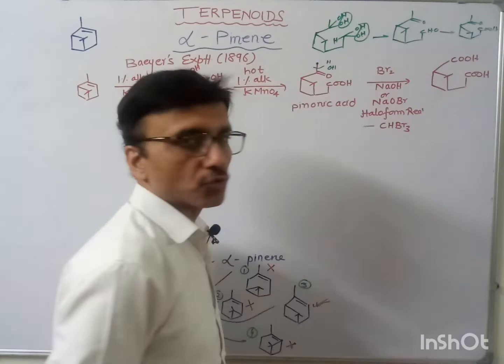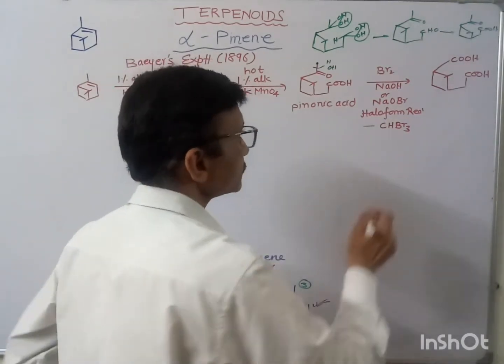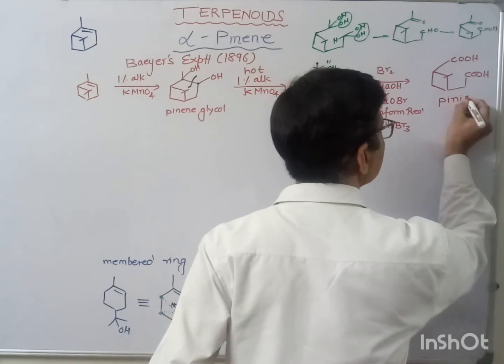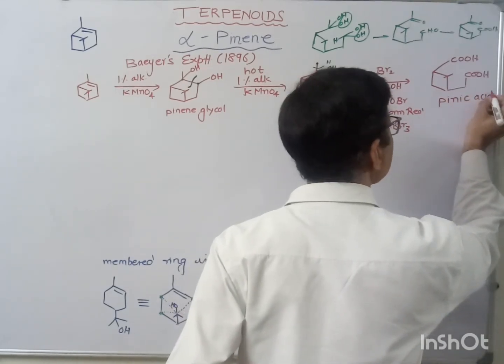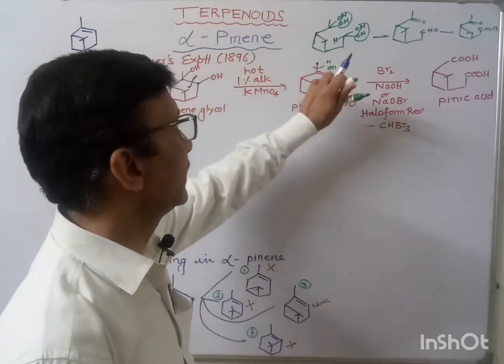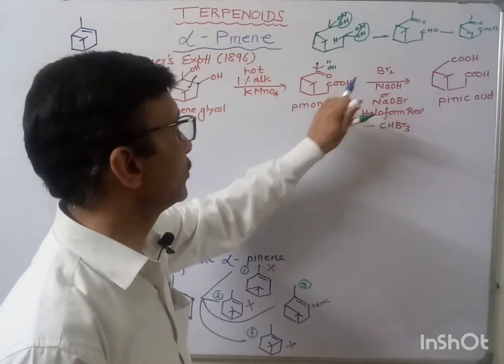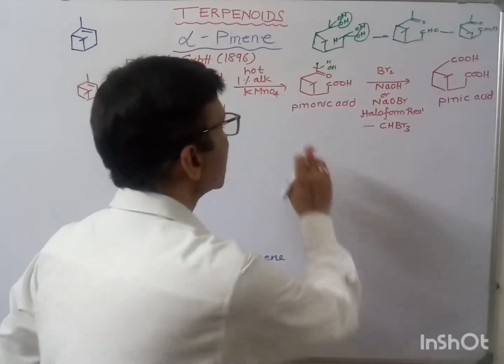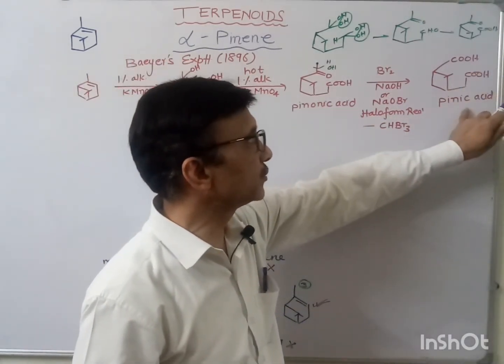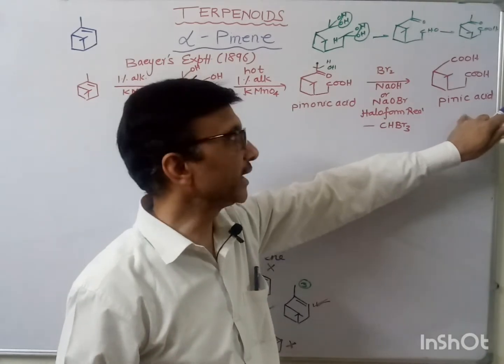So this was called the pinic acid. Okay, a dicarboxylic acid. And here this has one keto group and a COOH group, that's why it was called pinonic acid. And containing these two acid groups, that was called pinic acid.